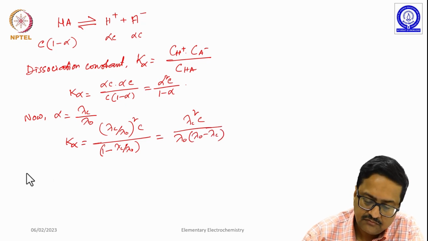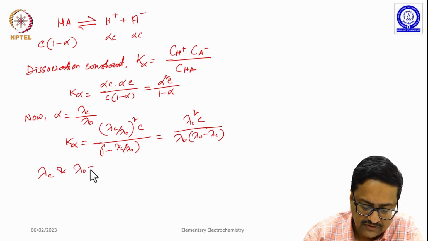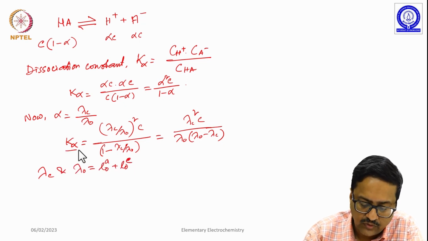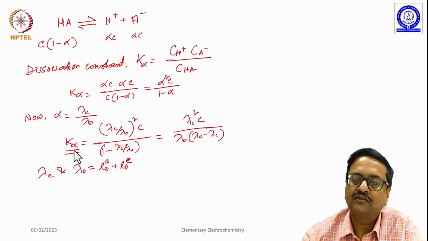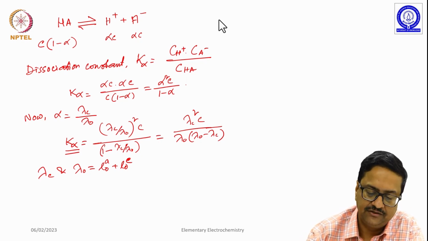So once again, by determining the value of lambda C and calculating the value of lambda 0 from the corresponding L0A plus L0C, one can calculate the dissociation constant of a weak acid efficiently, right?